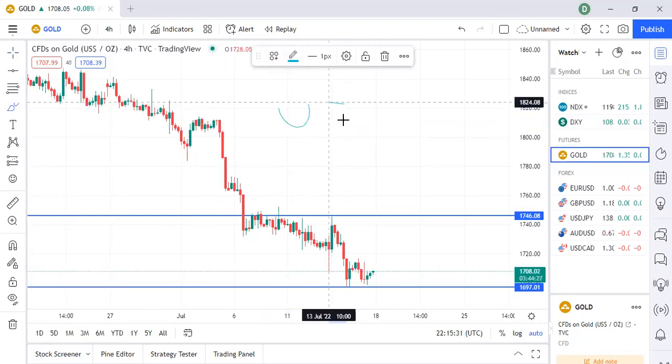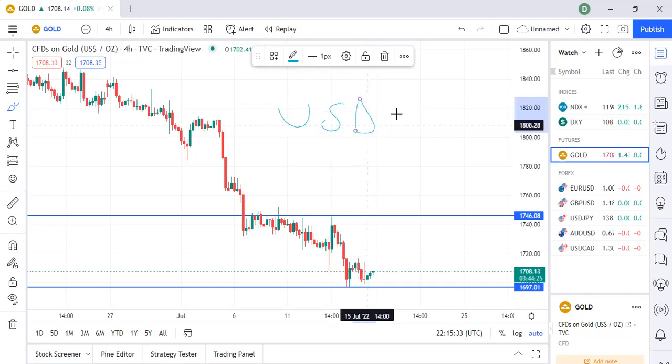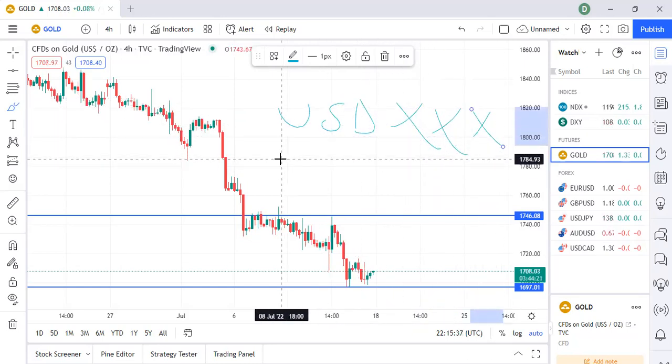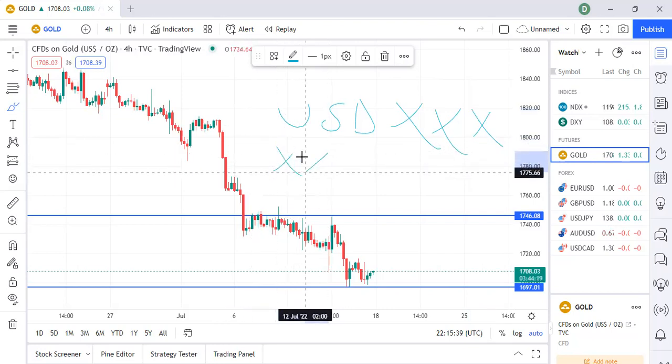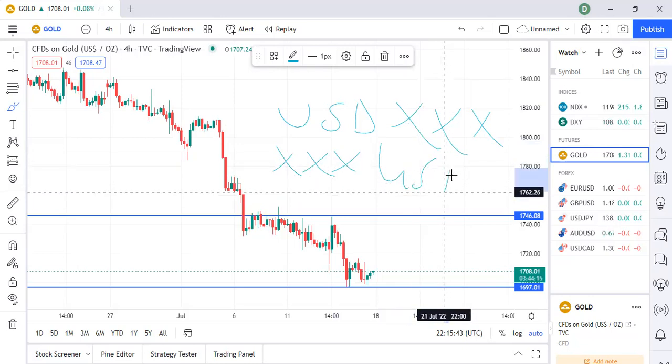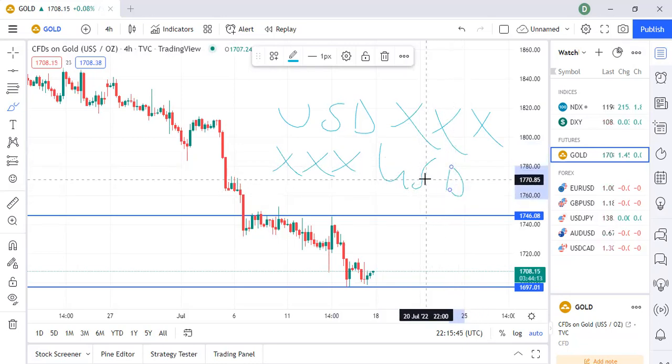So we are going to look at the USD XXX pairs, and then we will also look at the XXX USD pairs.